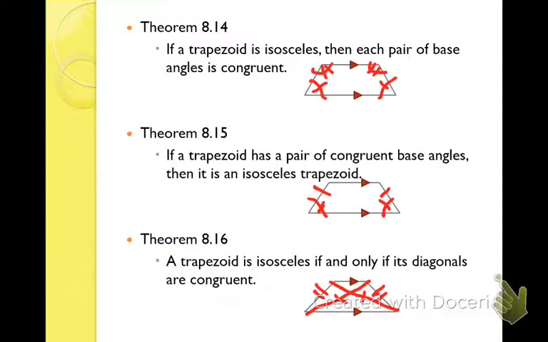Now, this is a good true-false type question, because they may say, if the diagonals of a quadrilateral are congruent, it has to be a rectangle. Okay? And what would you answer to that? True or false?